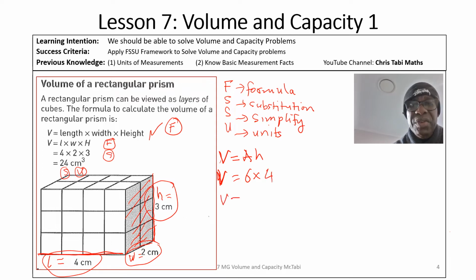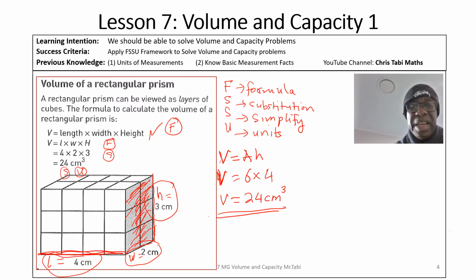And that gives you volume equal to still 24 cubic centimeters. So you can always make use of your cross-sectional area and multiply by the height.